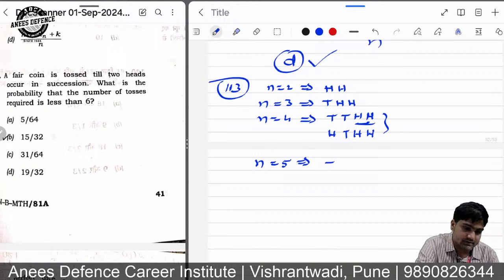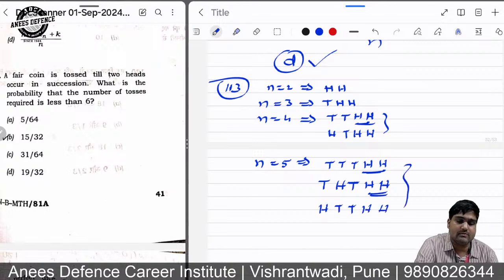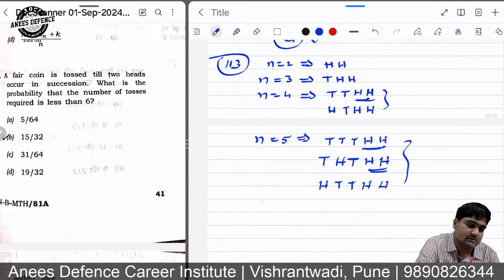It's tail, tail, tail, head, head, with the last 2 places head and head. We can also take tail, head, head. This is only one case. One more case is here, head, tail, tail, head, head. So there are 3 cases for n equal to 5, and the number of tosses required is less than 6.